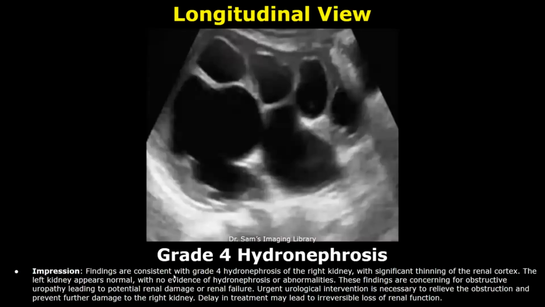Findings are consistent with grade 4 hydronephrosis with significant thinning of the renal cortex. These findings are concerning for obstructive uropathy leading to potential renal damage or renal failure. You must also write about urgent urological intervention because urgent treatment is required in this case.